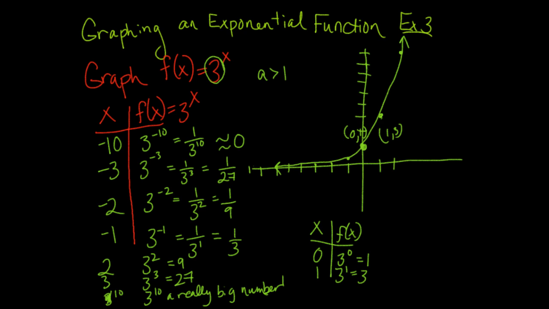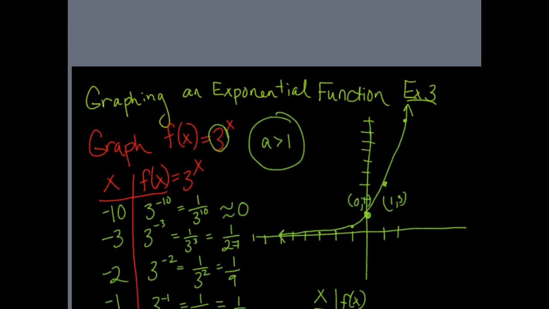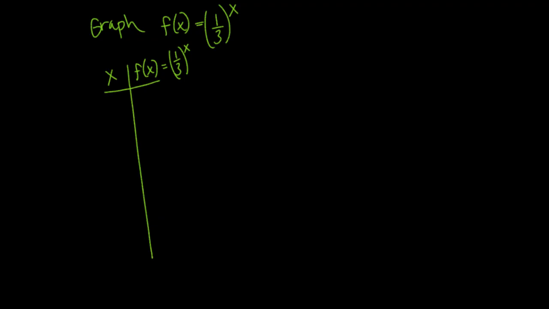That's also, remember, your growth factor. Okay? So we're going to look at the case now where a is between 0 and 1. Okay, so now we're going to graph a particular case where the growth factor, which is 1/3, is greater than 0, which your base has to be, but less than 1.